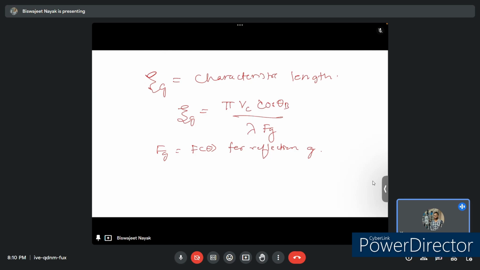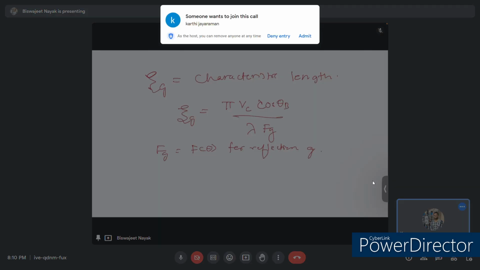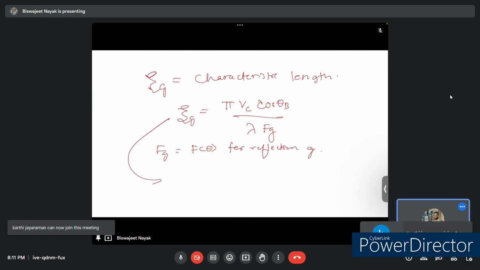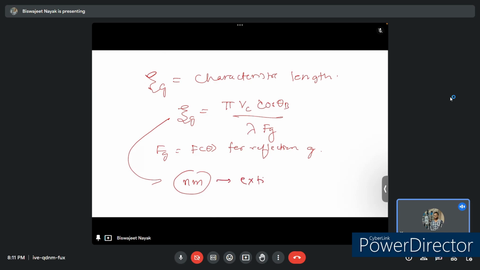This xi_g gives us an idea about how nearly all diffraction contrast phenomena happen. It has a unit on the nanometer scale, and it is also known as the extinction distance.